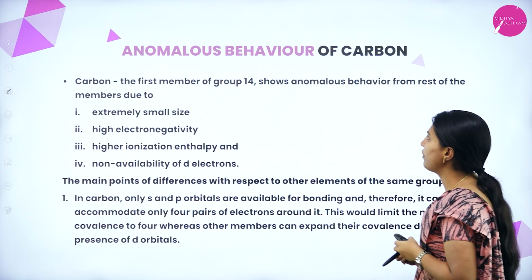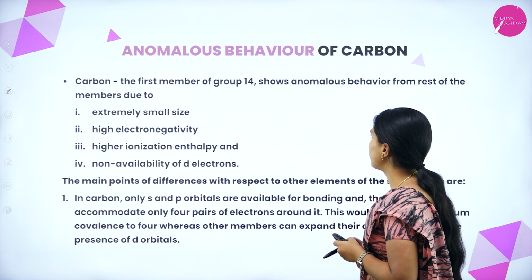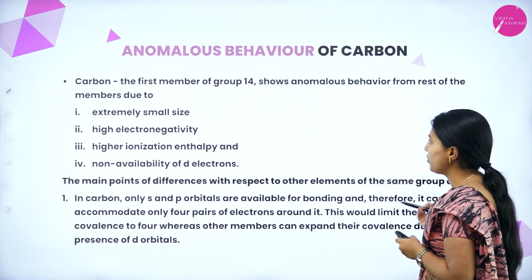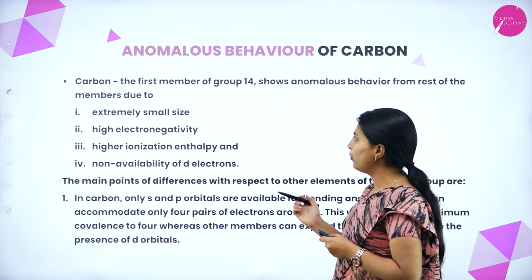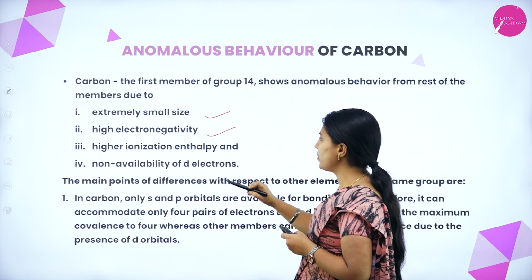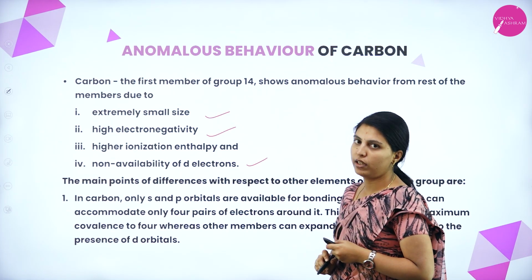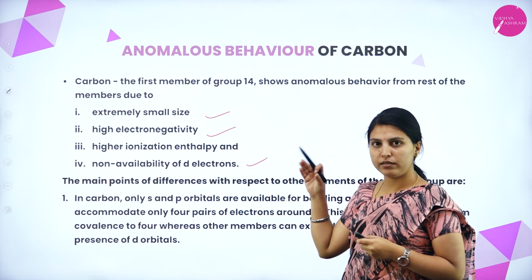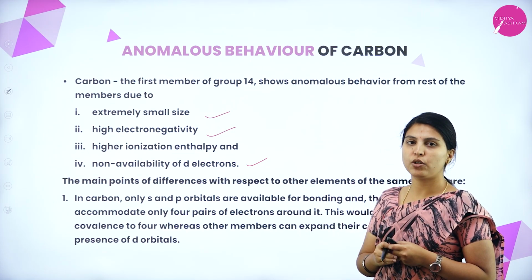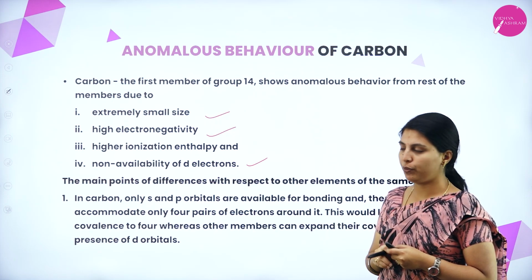Next, anomalous behavior of carbon. Carbon, the first member of group 14, shows anomalous behavior from the rest of the members due to extremely small size, high electronegativity, higher ionization enthalpy and non-availability of d electrons. These are the usual reasons for the very first members in all the groups to differ from other elements in the same group.